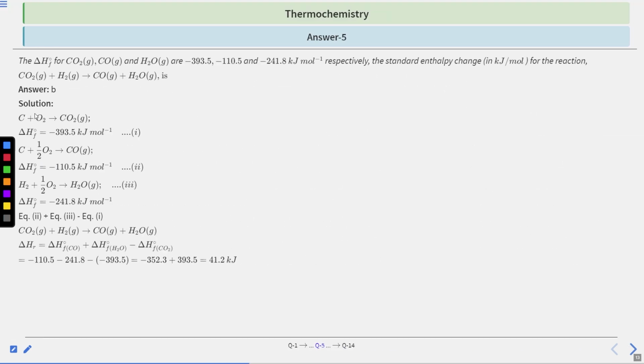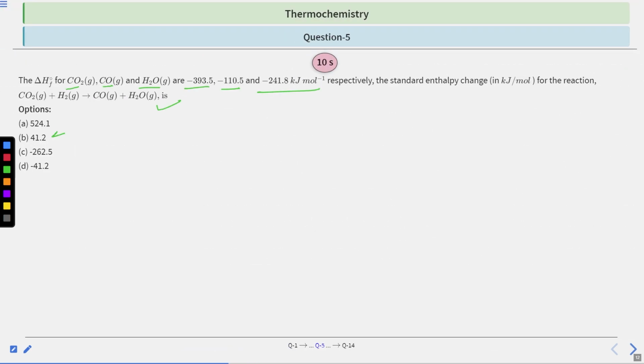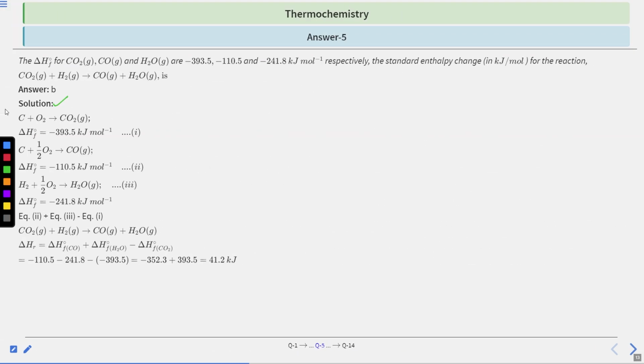Okay, so the correct answer will be option B, that is 41.2. So let's see. We have delta H, that is standard enthalpy of formation, for CO2, CO and H2O given in the question. So we write the reaction for that. For the formation of CO2, we have carbon plus O2 will give you CO2.